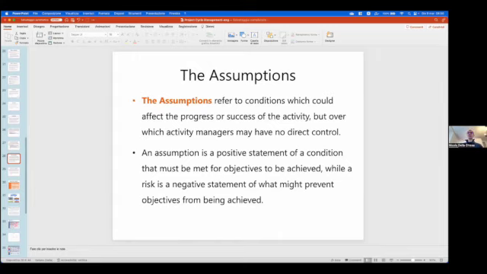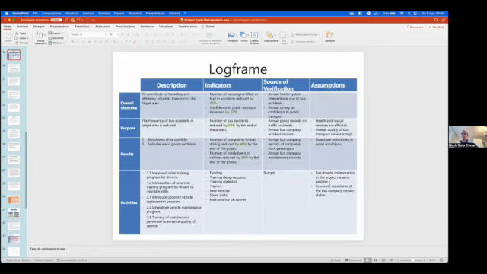The assumptions, as we saw from the examples, are conditions which could affect the progress or the success of our activities, but which are not under the direct control of the project. Normally, we state the assumptions as positive statements of a condition that must be met for the objective to be achieved. So as we saw in the example, as you can see here, we have positive statements.